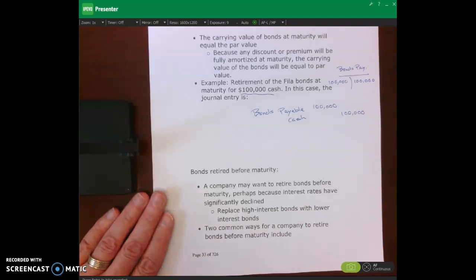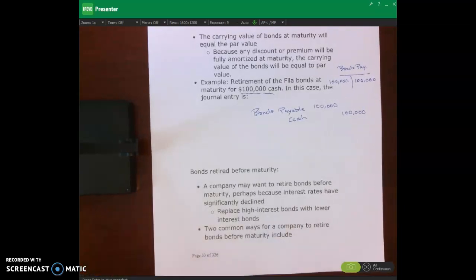The first one is, what if when they issued their initial bonds, they issued them with a contract rate of 8%. And that was 3 years ago. So 3 years ago, they issued $100,000 worth of bonds at an 8% contract rate. But then the Federal Reserve cut interest rates pretty recently, which lowers all interest rates.